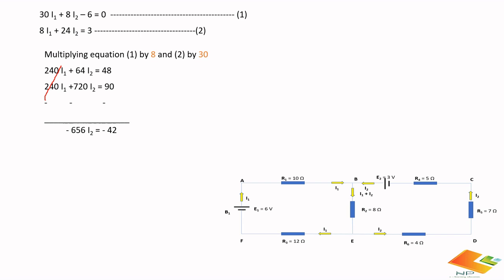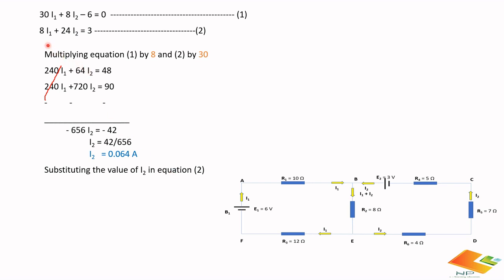So its value becomes minus 42. Okay. Now I2 is equal to 42 divided by 656. Okay. So the value of I2 is 0.064 ampere.